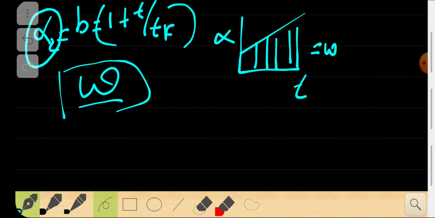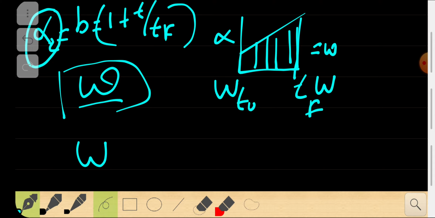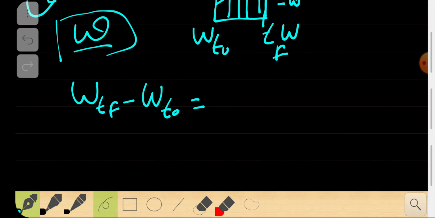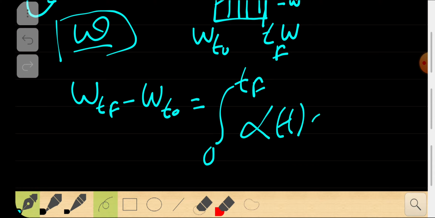So omega can be calculated as the integral: omega of t final minus omega of t0 will be equal to the integral from 0 to t final of alpha of t dt.